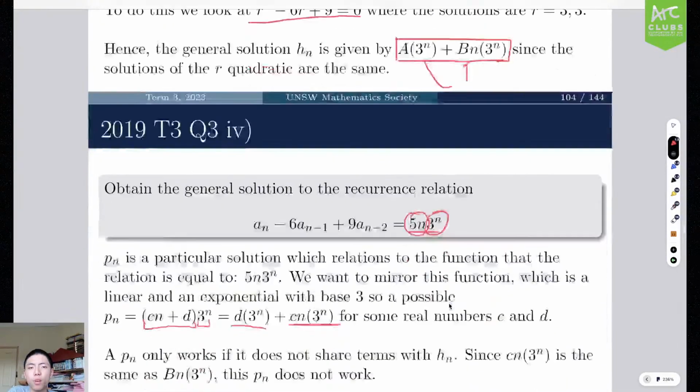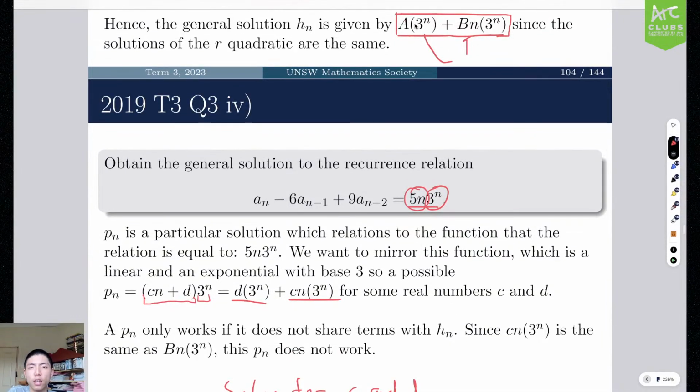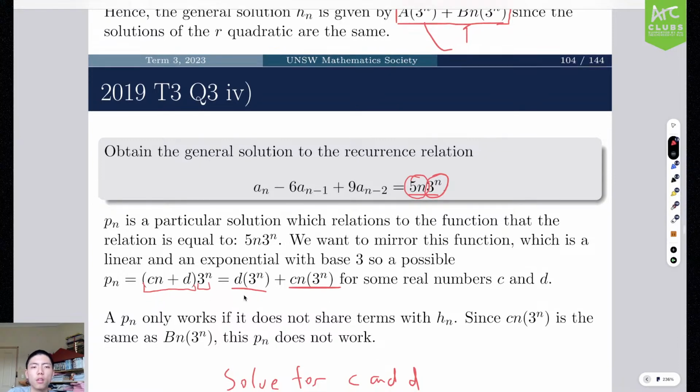Because we already have a times 3 to the power of n and b times n times 3 to the power of n, the exact same thing as here, we need to multiply our whole solution so that Pn now equals dn 3^n plus cn squared 3^n.